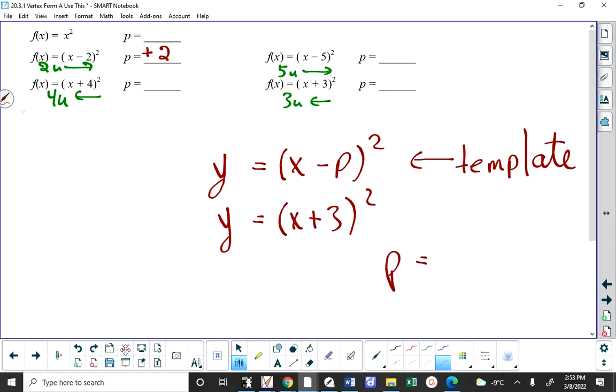What number would I put in for p into (x minus p) squared to get (x plus 3) squared? Lucas? I'd have to put in negative 3, because then it would be x minus negative 3, and minus a negative is positive. And that means that p is negative here. And look at the direction it was shifted. It was shifted to the left, which is a negative direction.